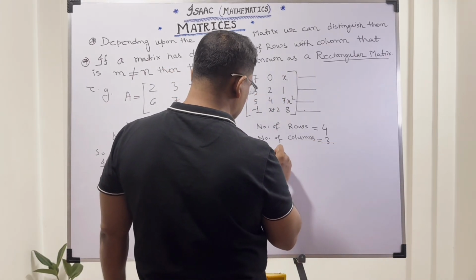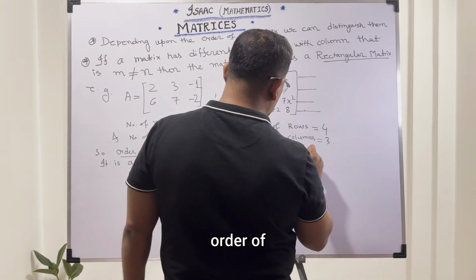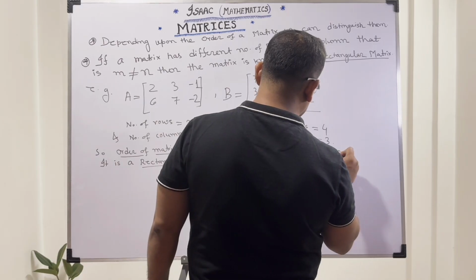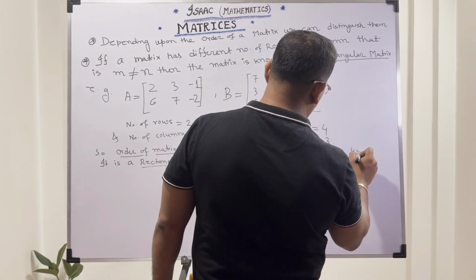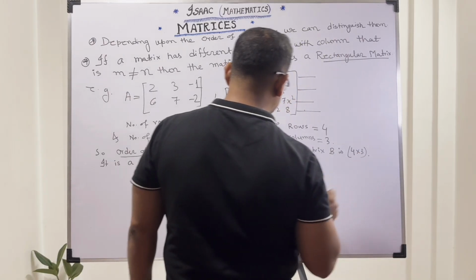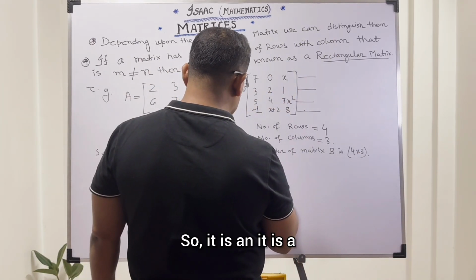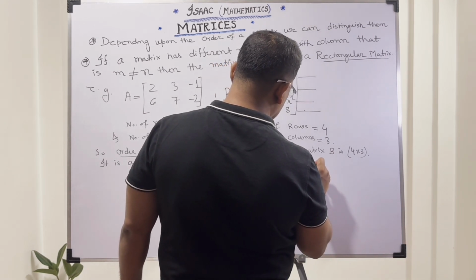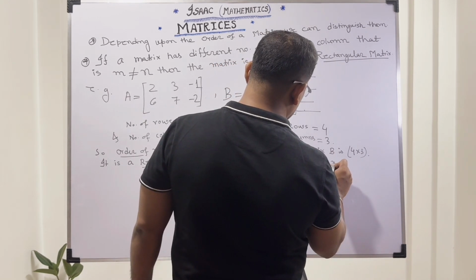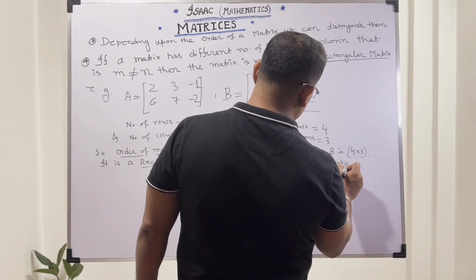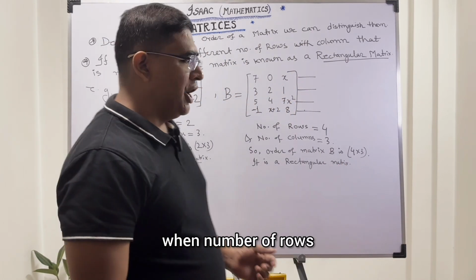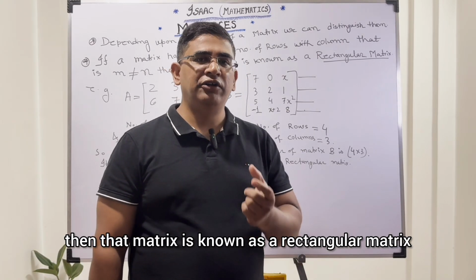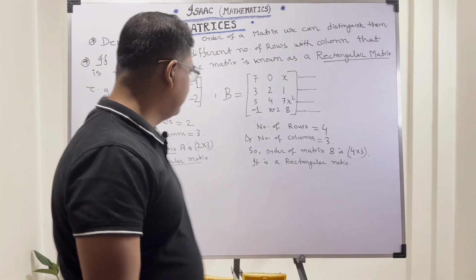So order of matrix B is 4 by 3. So it is a rectangular matrix. Okay. So when number of rows and number of columns of a matrix are different, then that matrix is known as a rectangular matrix.